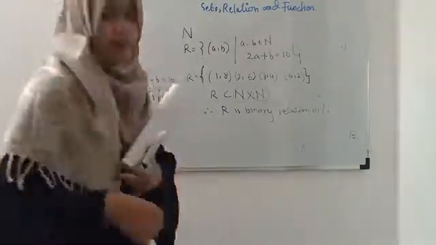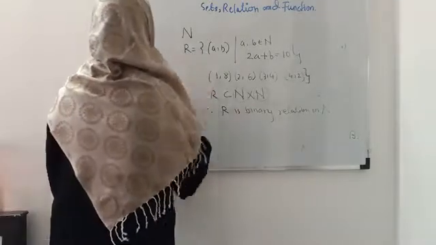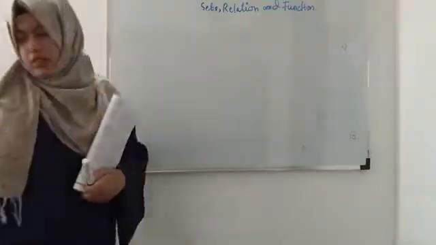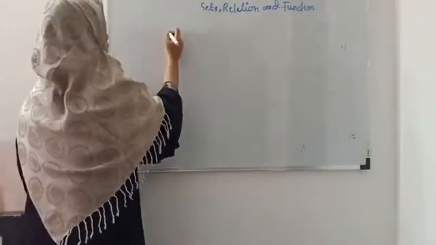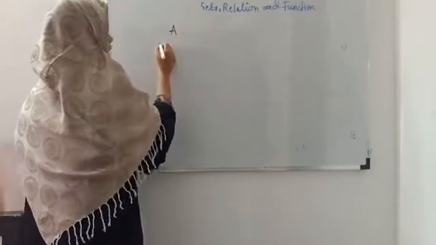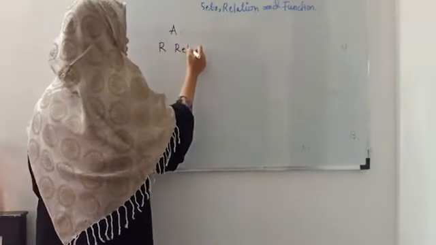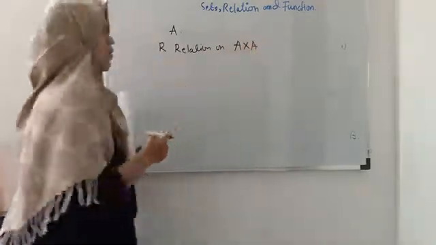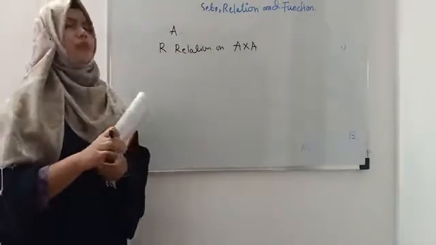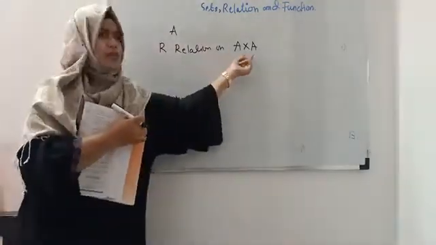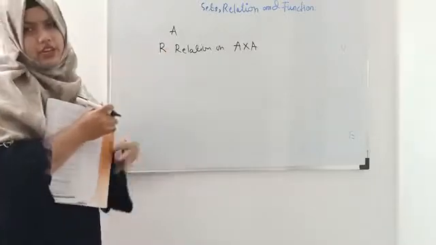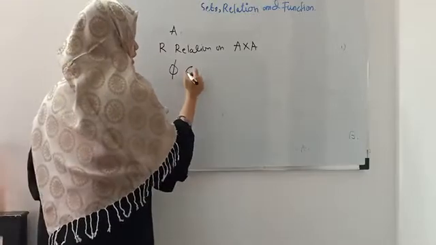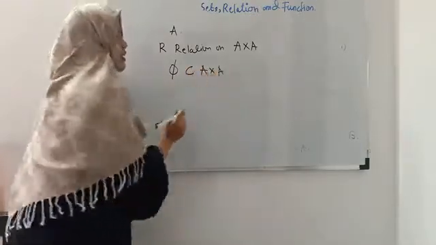Now one note regarding relation. See, if you have a set A and R is a binary relation on A cross A, we know that for a binary relation R must be a subset of A cross A, then only R is a relation on A. So we know that an empty set is a subset of every set, right?